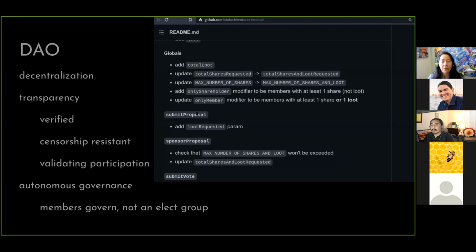And so you can see where you can submit a proposal, and you can add how much money you'd like for that proposal. You can sponsor them and submit a vote on that. So a DAO is interesting because it's an organization that's decentralized. It's transparent, so everything is out there on the blockchain. It's censorship resistant. You could validate participation, and then the governance is autonomous, meaning the members govern, and it's not an elect group.